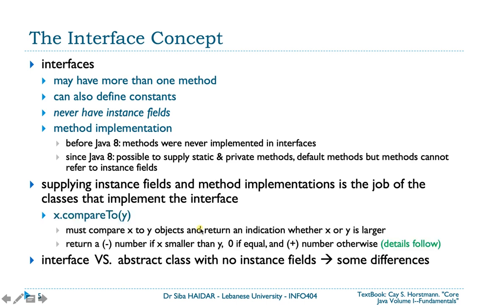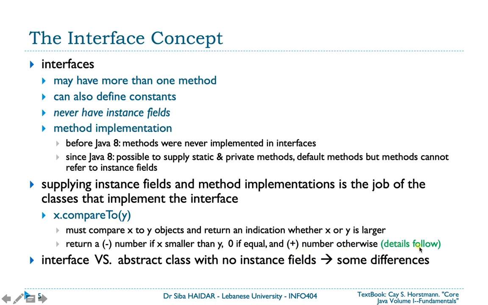Supplying instance fields and method implementations in general is a job of the classes that implement the interface. For example, for the Comparable interface, you have the compareTo method. If we invoke x.compareTo(y), we must be able to compare x to y objects and return an indication whether x or y is larger. So we have to return a negative number if x is smaller than y, 0 if they are considered equal in comparison, and a positive number otherwise.